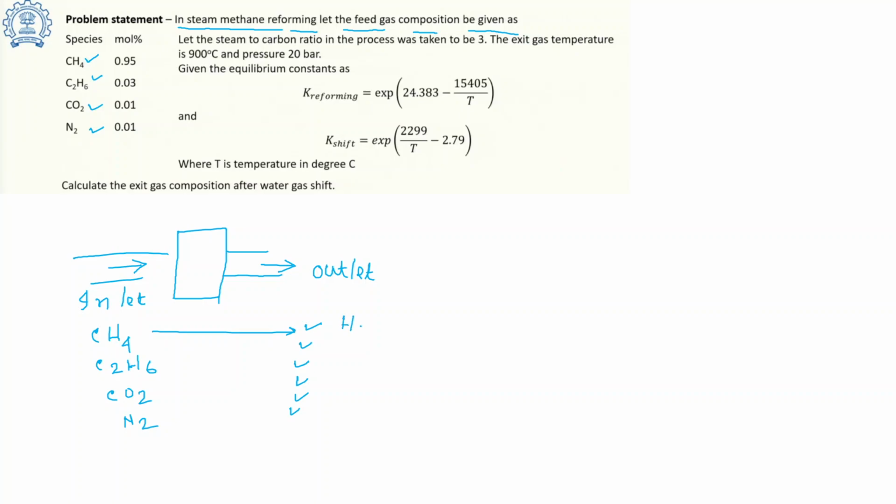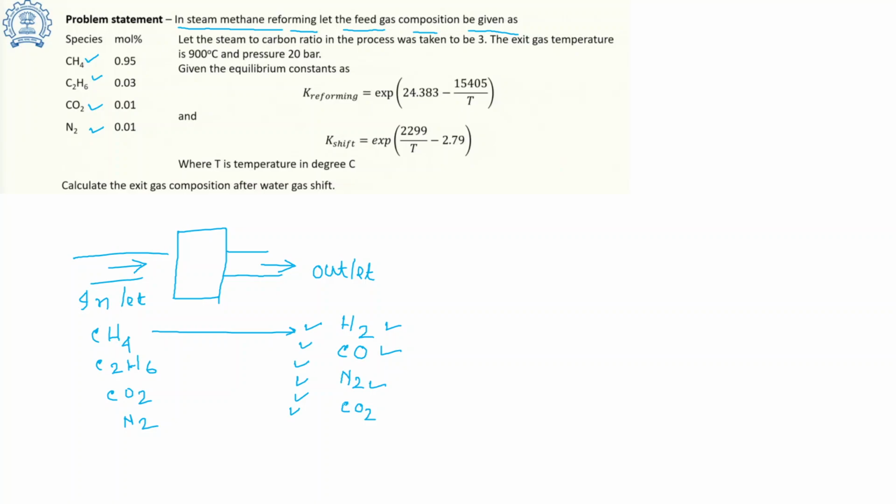Obviously the first will be hydrogen, and second carbon monoxide. I told you nitrogen does not react in the SMR reactions, so nitrogen will remain as it is and come out in the outlet. Carbon dioxide will also be produced.